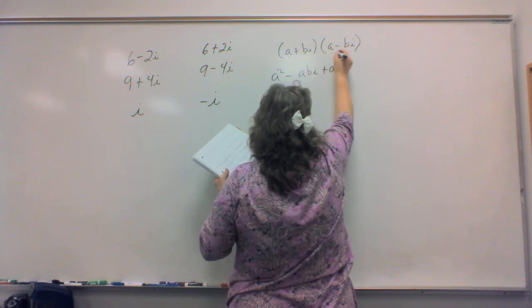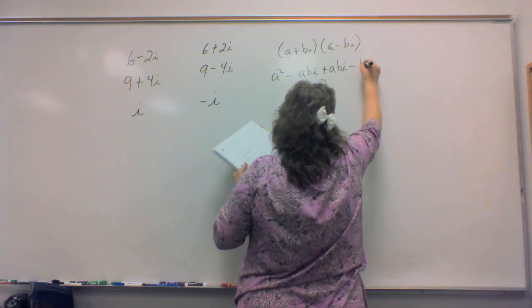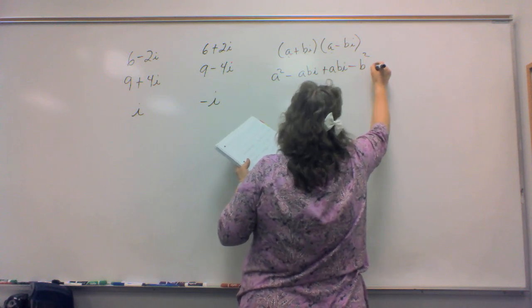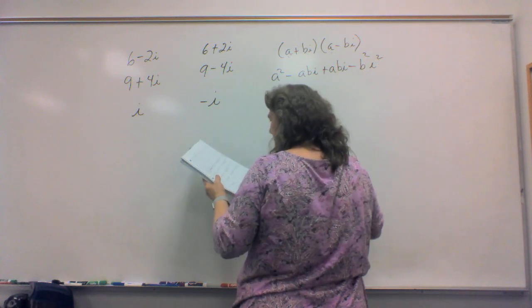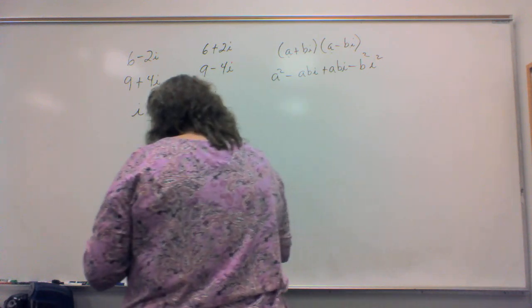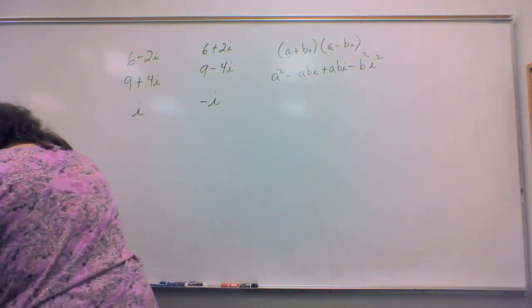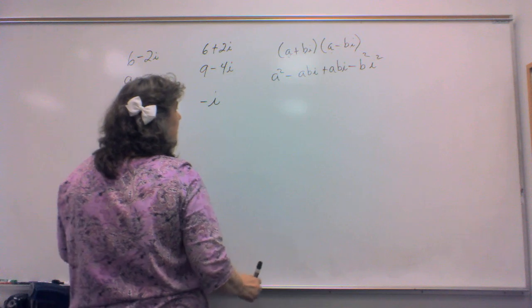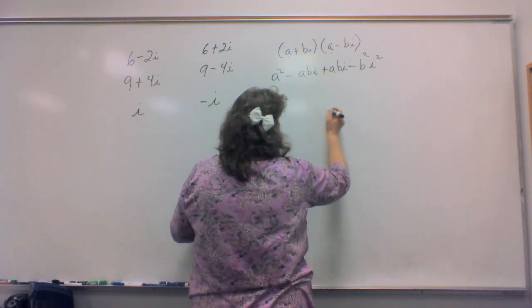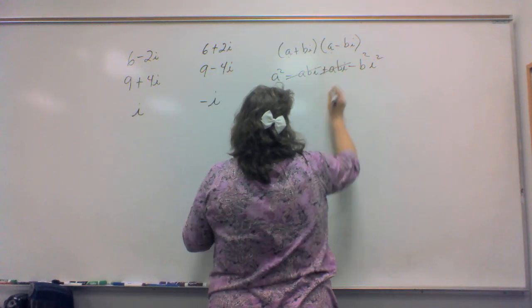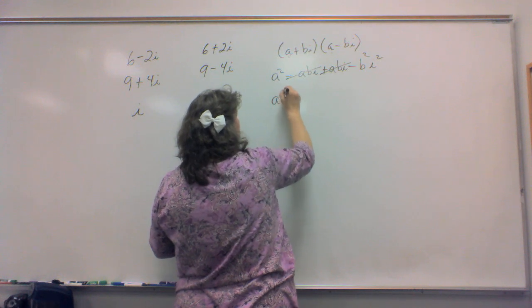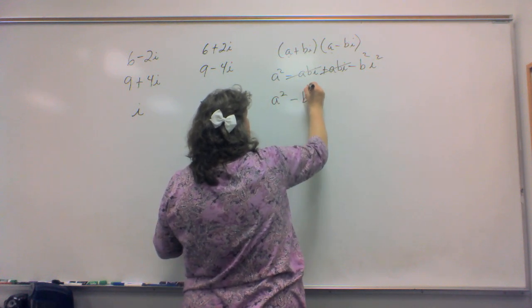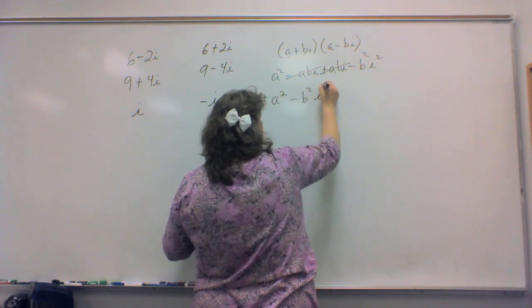And then bi times negative bi is negative b squared i squared. Okay? Notice, these disappear, leaving you with a squared minus b squared times i squared.